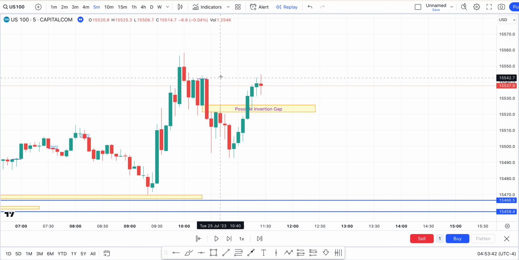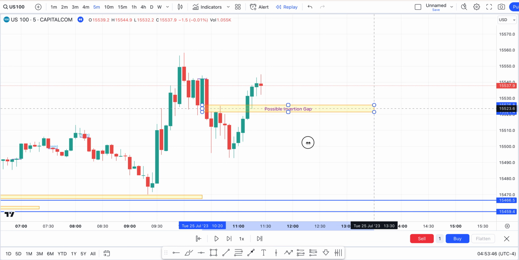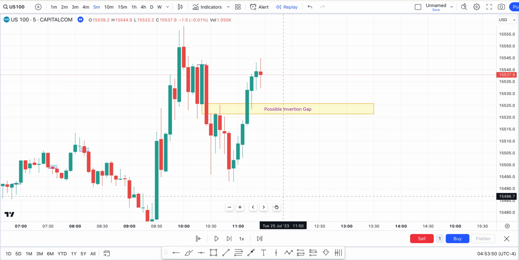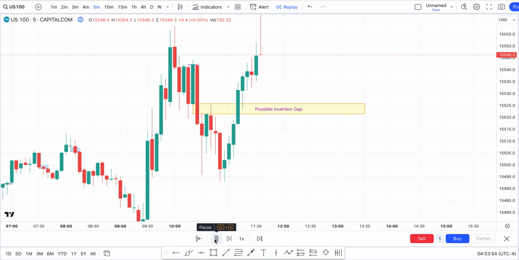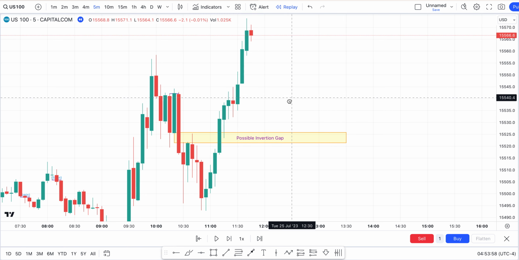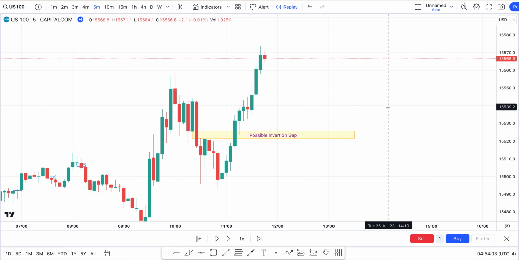So the high was taken here. So it's now valid. Oh, I'm not looking at more. I should actually be looking for if there's any other areas.